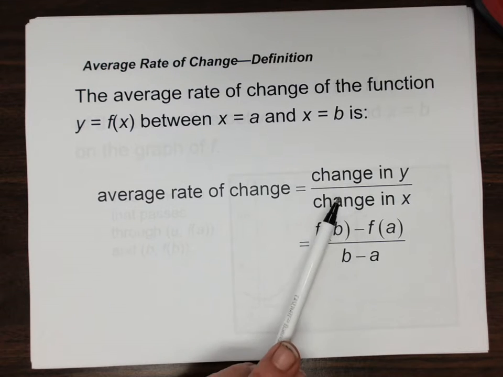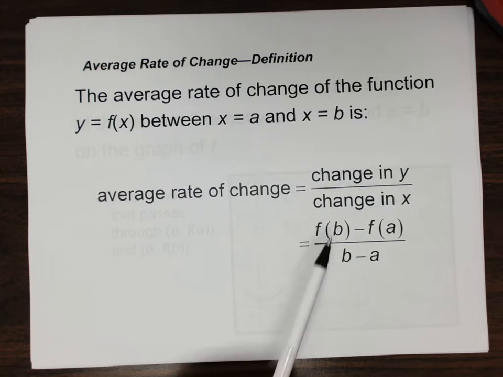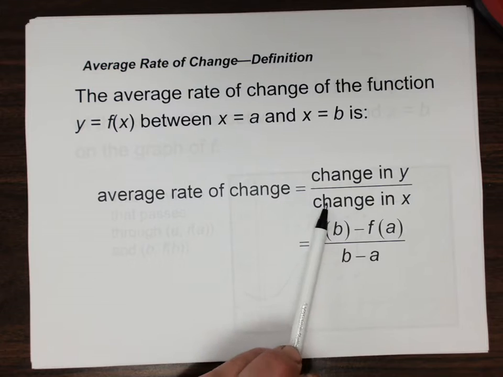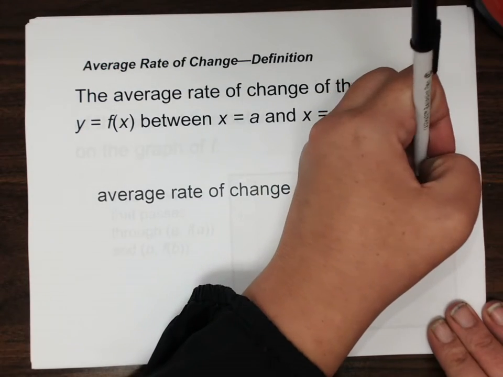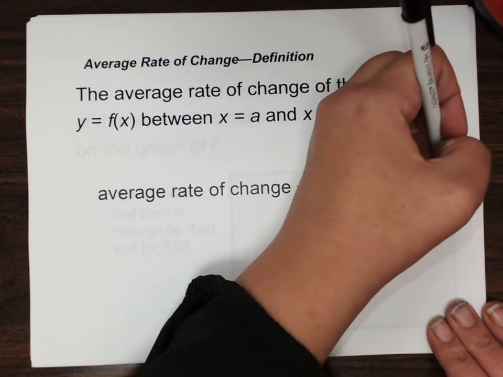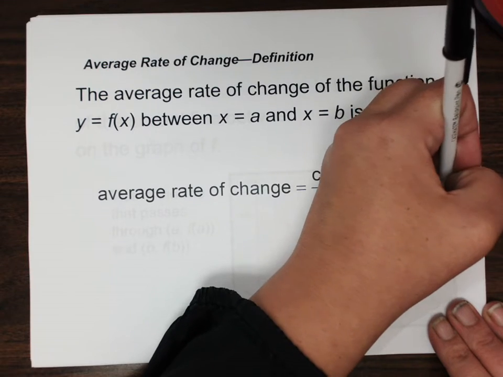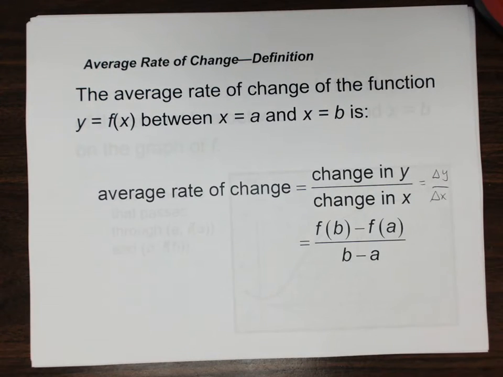We should definitely recognize this. The average rate of change of the function y equals f of x between x equals a and x equals b equals the change in y over the change in x. If you recall, when we've looked at the slope formula in the past, we have written it as delta y over delta x, which is the change in y over the change in x.